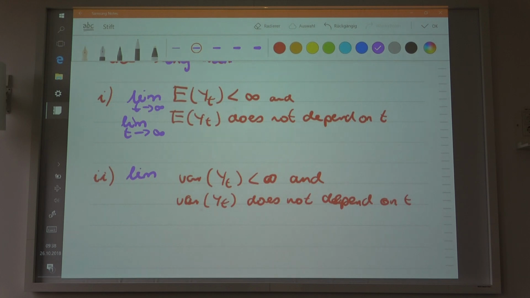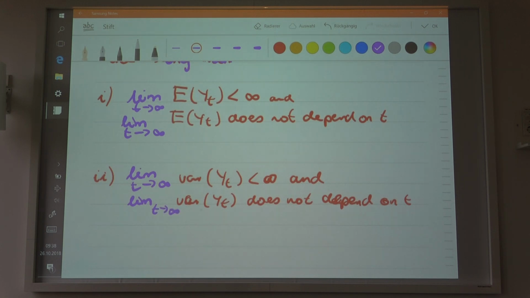The limit of that expression as the time approaches infinity is finite, and the limit of the variance as t approaches infinity does not depend on time.